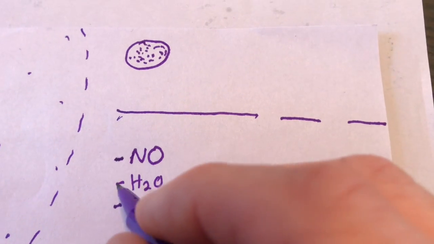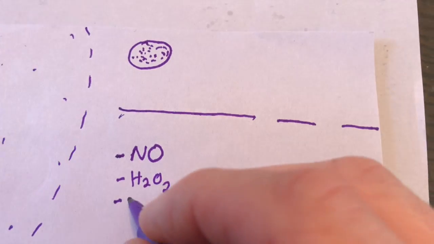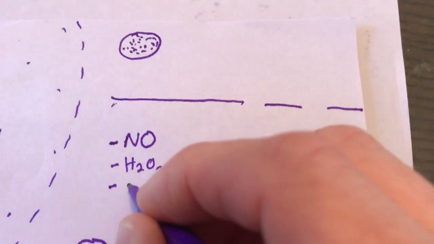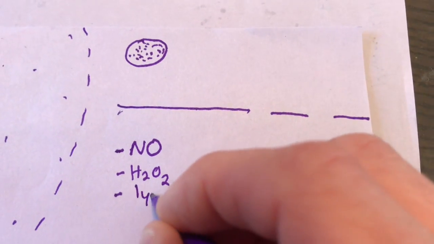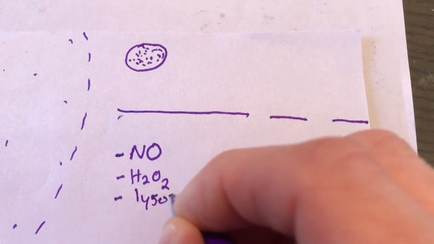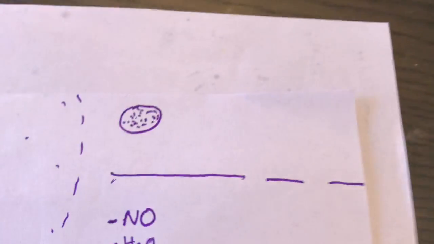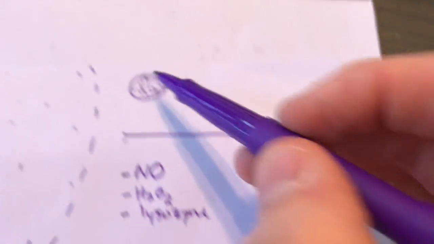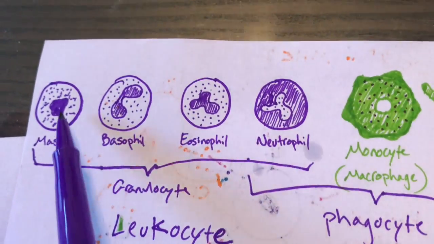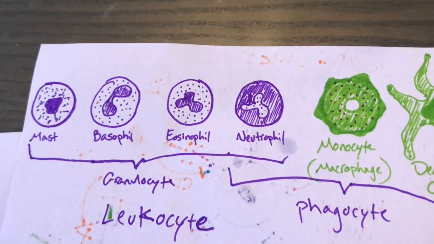Hypochlorite is bleach, and you will have some enzymes like lysozyme, which I mentioned. So that is what is going to be found in these granules. Remember, granule producing cells are these guys over here: mast cells, basophils, eosinophils, and neutrophils.